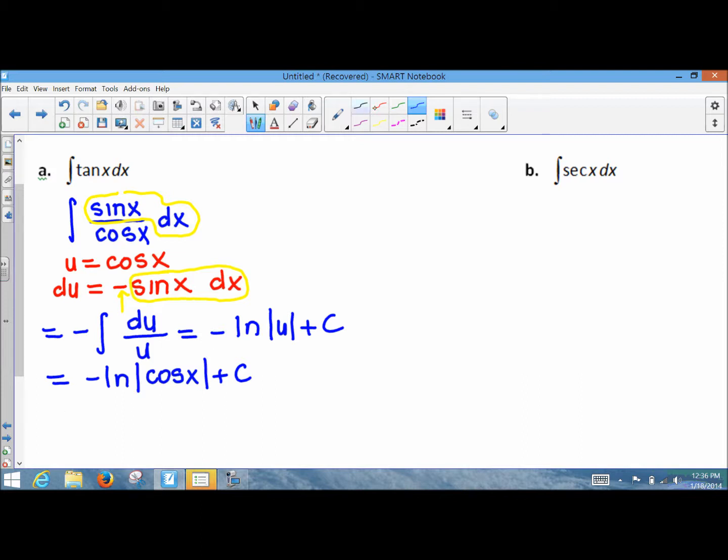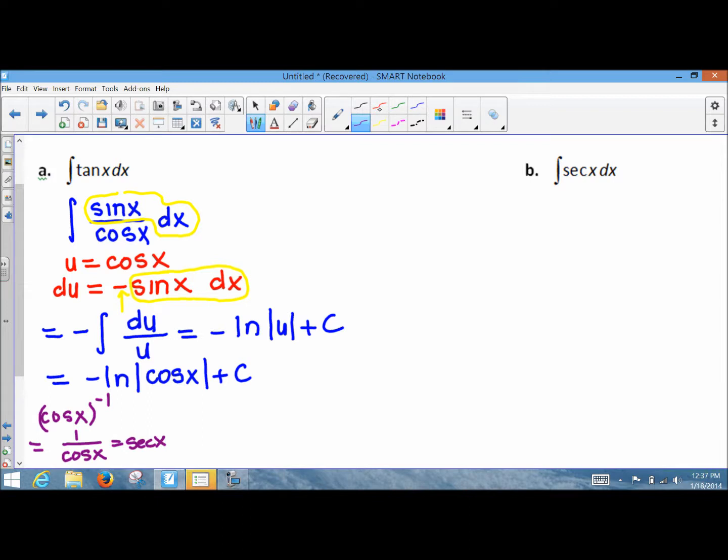Well, if we do that, notice that we're going to have something along the lines of cosine of x all raised to the -1. Actually, it would be the absolute value of cosine of x to the -1, but I don't really care so much about the absolute value as I do the fact that 1 over cosine of x you know to be equal to the secant of x, hopefully.